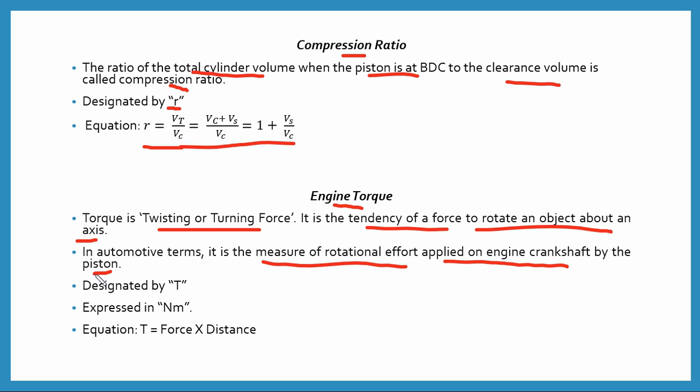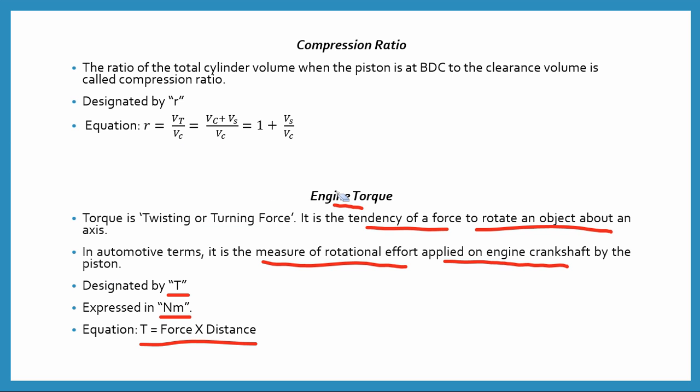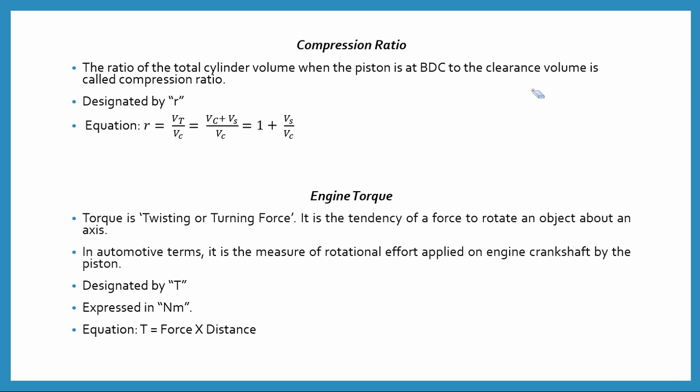This torque is designated by capital T and expressed in Nm, or Newton meter, and the equation is torque T equals force into distance. So these are the main parameters connected with the engine when we are talking about engine performance and engine testing.